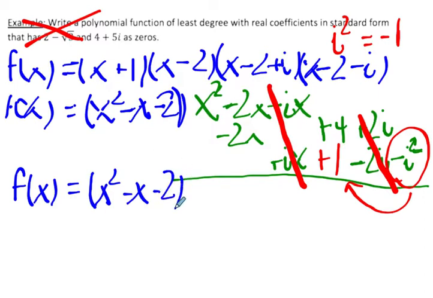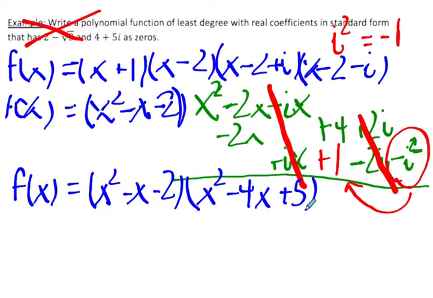But then in this green polynomial, now I have x squared minus 4x plus 5. So we have one more round of multiplying here.